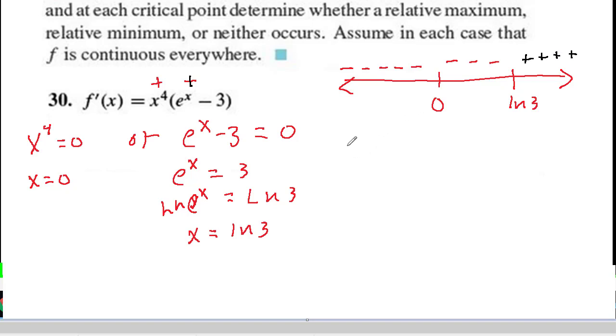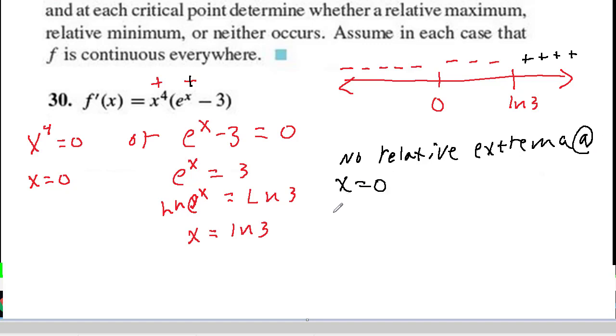And so what this sign chart tells you is there is neither a relative max nor a relative min at x equals 0, and then you have a relative min at x equals the natural log of 3.